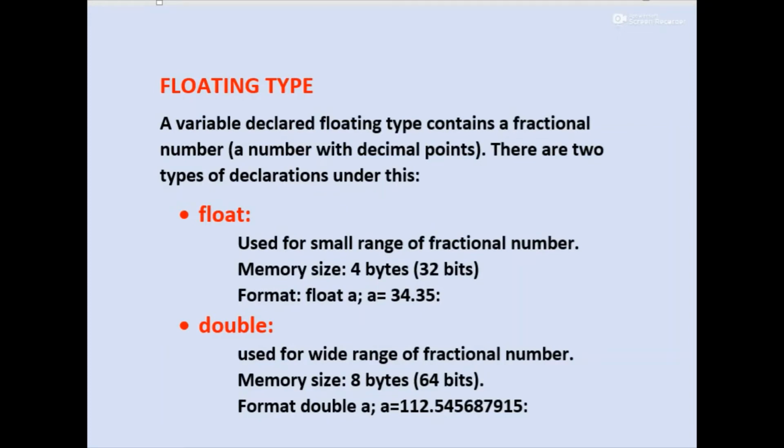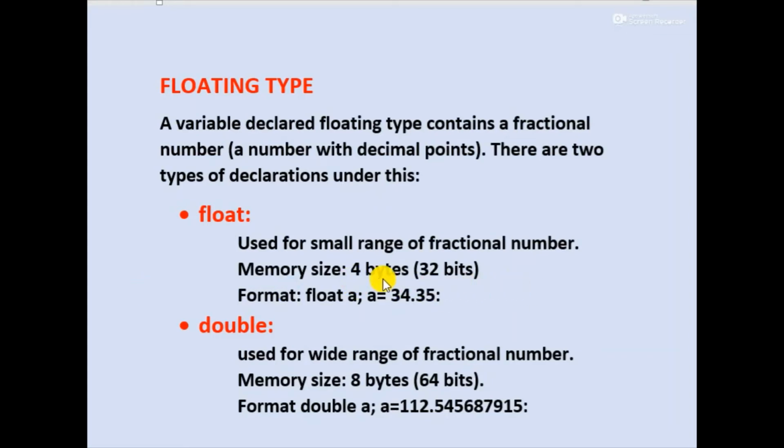There are two types of declaration under this. The first one is float and the second one is double. The float data type is used for a small range of fractional numbers. That means if we declare any variable of float, then that variable can hold a small fractional number. The memory size of this float data type is 4 bytes, same as int data type.